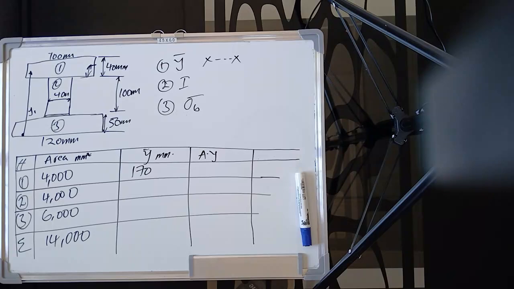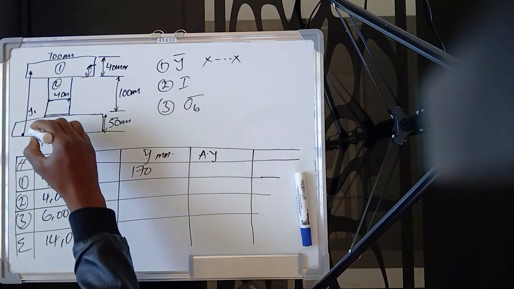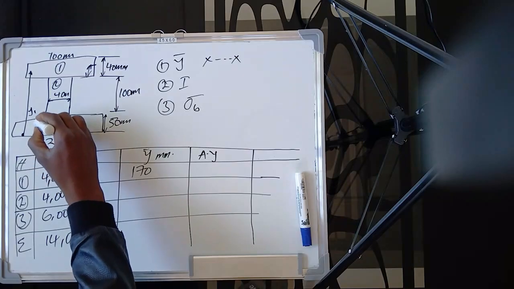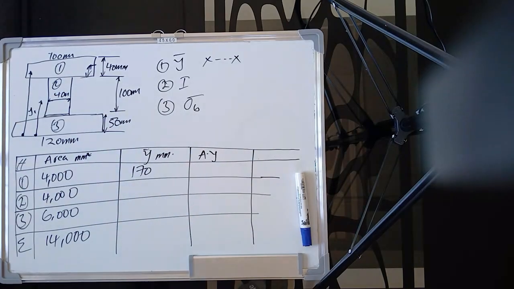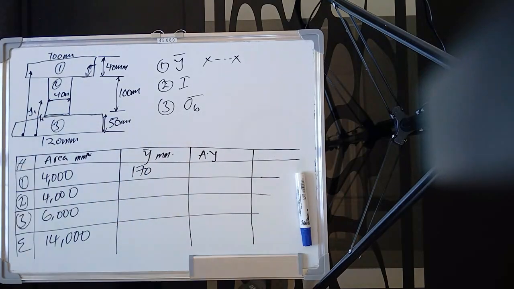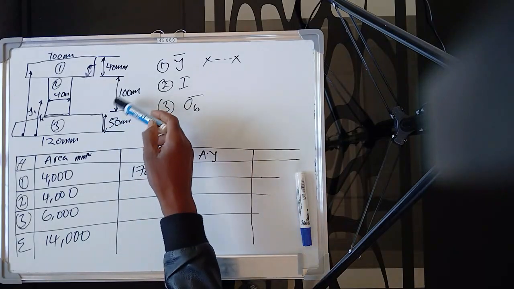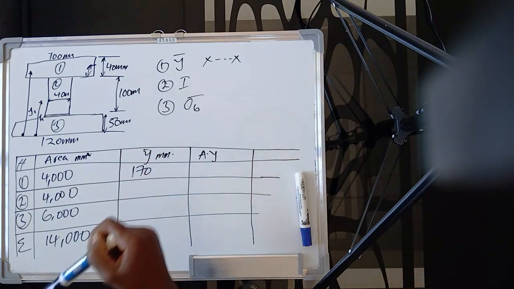Right. Then we are going to go to number 2 from here. So number 2 is going to move from right here up to the middle point there. So it is 50 plus half of 100, which is 50 plus 50.